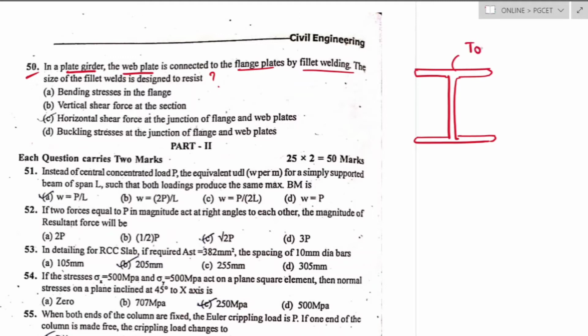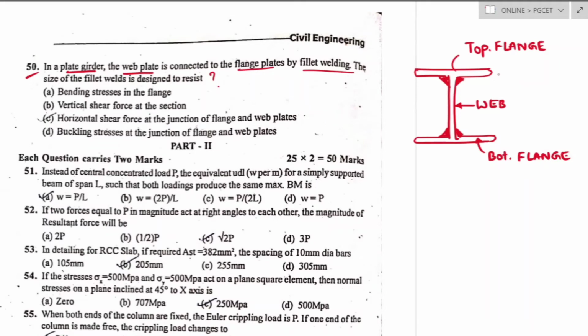This is the top flange and this is the bottom flange. And this is the web plate of the plate girder, and these are the fillet welds which are used to weld between the flanges and web plates.